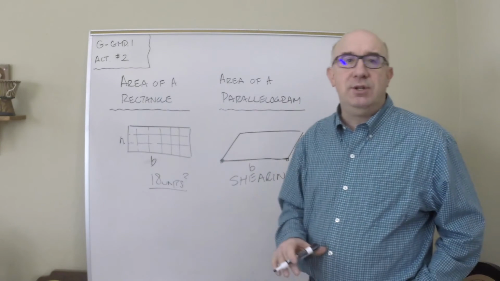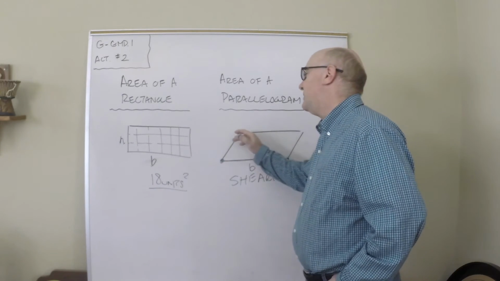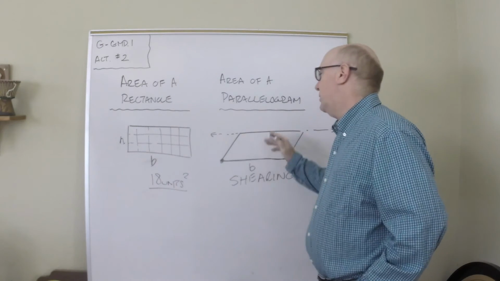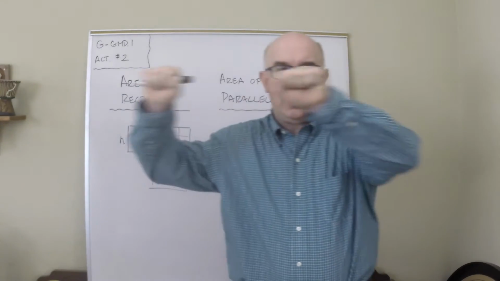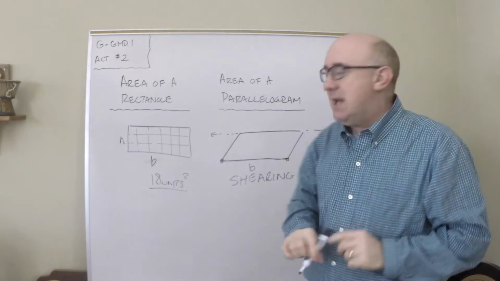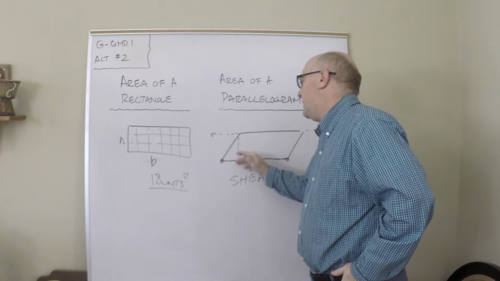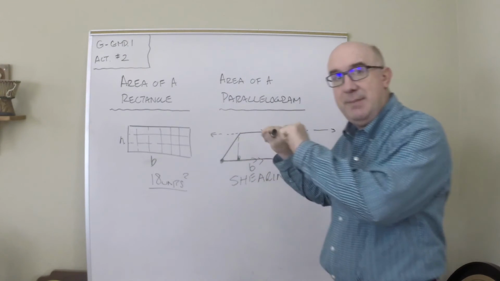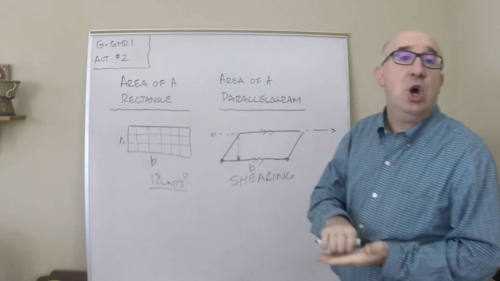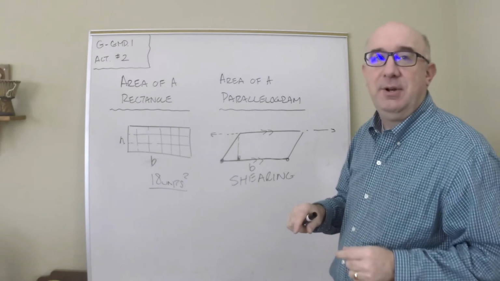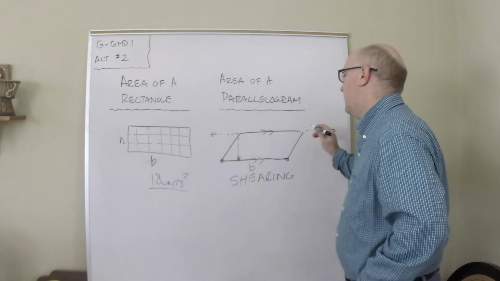And then what we're going to do is move the opposite side in a parallel manner. In other words, I'm going to allow that to slide or shear back and forth. Now, as long as they move in a parallel manner, there will be no change in height.